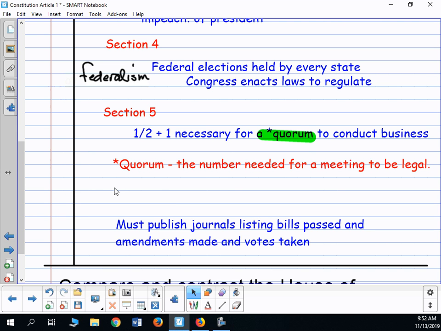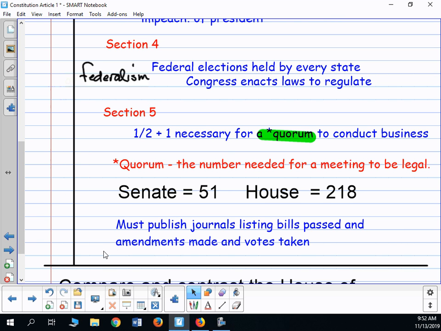But in this case, all we're talking about is the number necessary for them to make any kind of law or any kind of business. So for the Senate, it has to be 51, and for the House, it has to be 218. Remember, the Senate has 100 members, so it has to be 50 plus 1, all right? House of Representatives, 435, so half is 217, and so they made it 218 for a quorum.